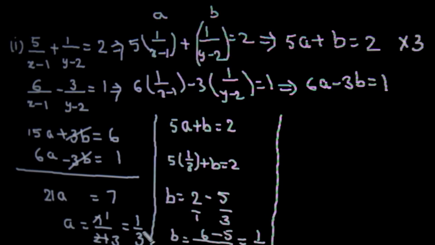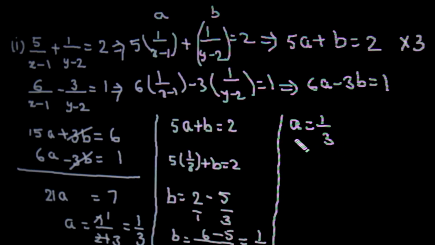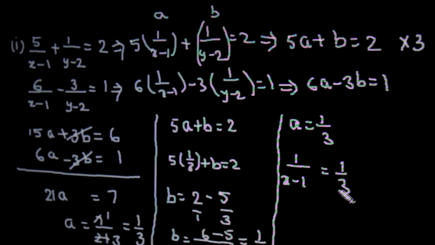This is not the complete problem. You have to find x and y. You got a is equal to 1 by 3. What is a? a is 1 by x minus 1. 1 by x minus 1 is equal to 1 by 3. If you take the reciprocal of this one, you have to take the reciprocal of this one also.